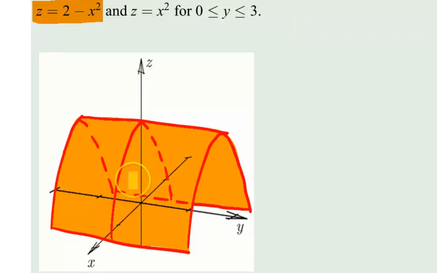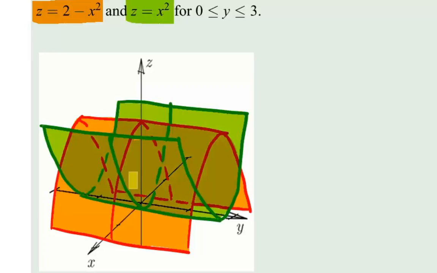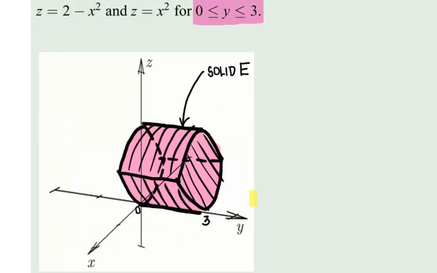Then we have z equal to x squared, that is another parabolic cylinder, but now the parabolas open in the opposite direction. And we're taking the region between those two and bounded by y going from 0 to 3. So that's the solid E.